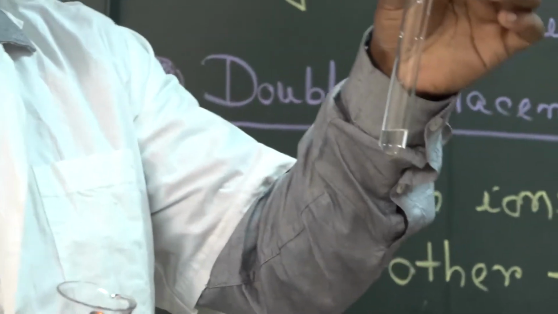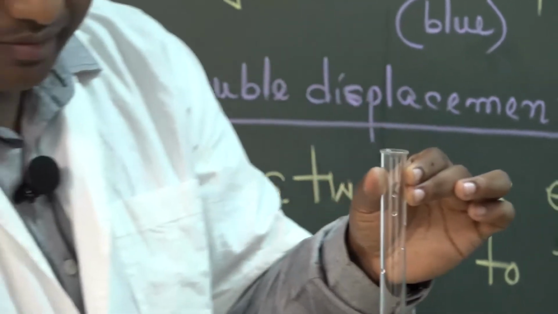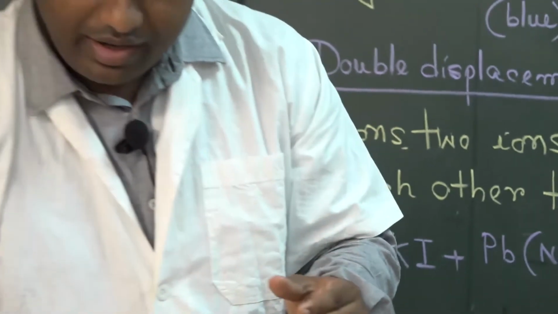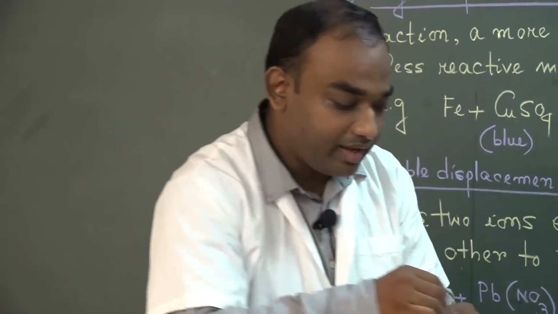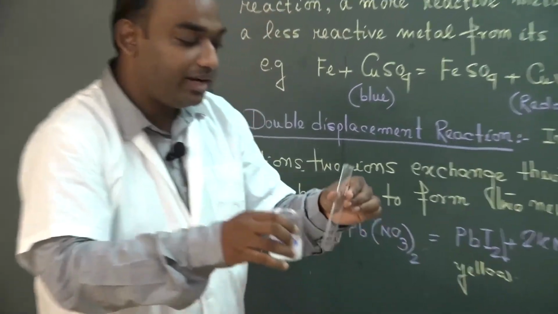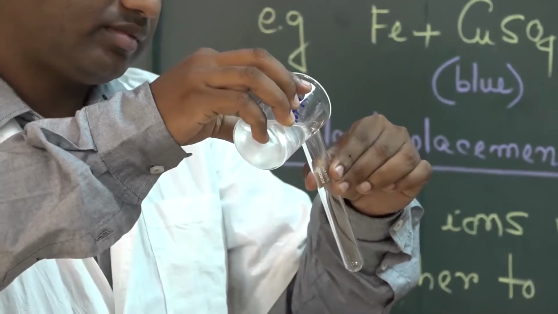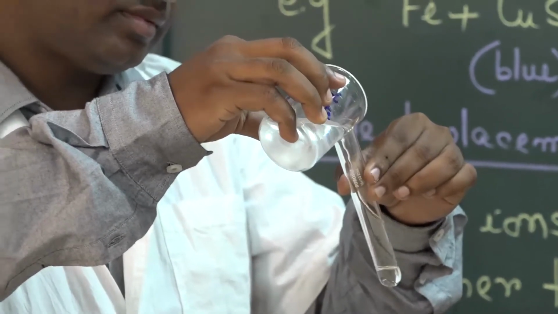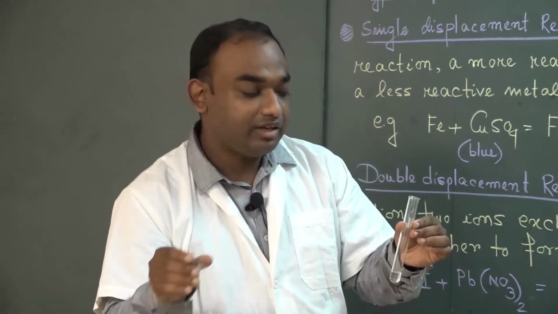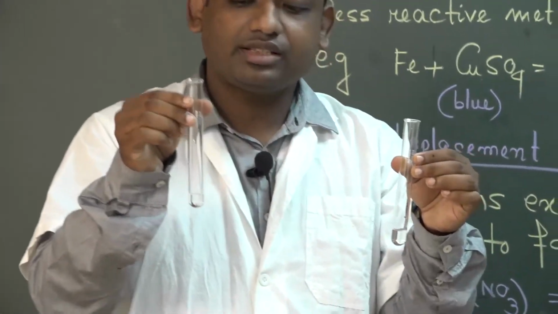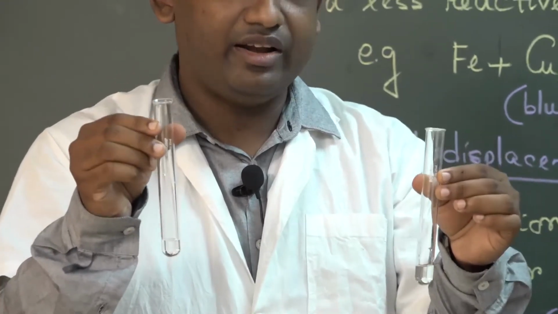This solution is the solution of potassium iodide, and in another test tube I am going to take this lead nitrate solution. Now we have two solutions ready with us. The first one is potassium iodide and the second one is lead nitrate.